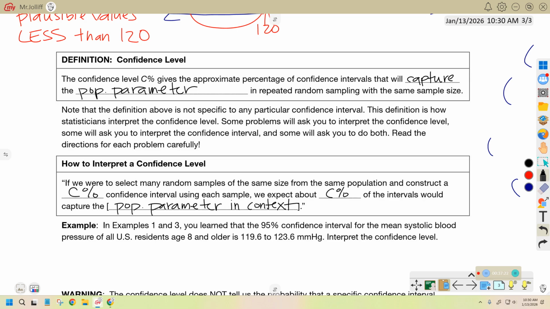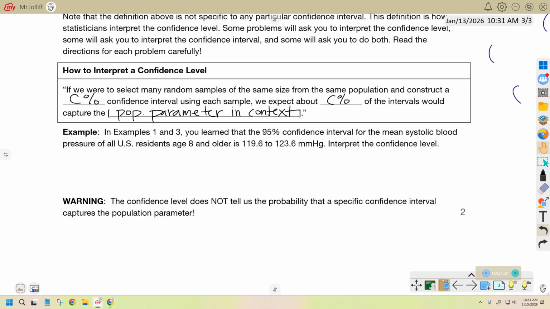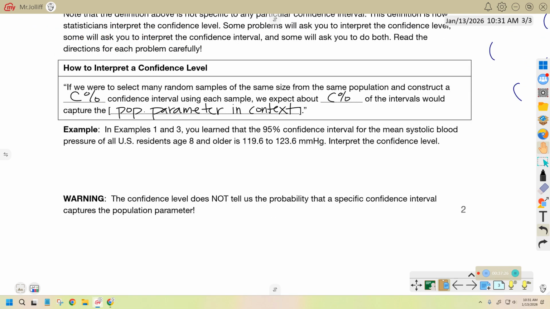Okay, last example. We're going to interpret a confidence level. It says examples 1 and 3, we learned the 95% confidence interval for the mean systolic blood pressure was 119.6 to 123.6 millimeters of mercury. Interpret the confidence interval. Not too bad. We start copying.